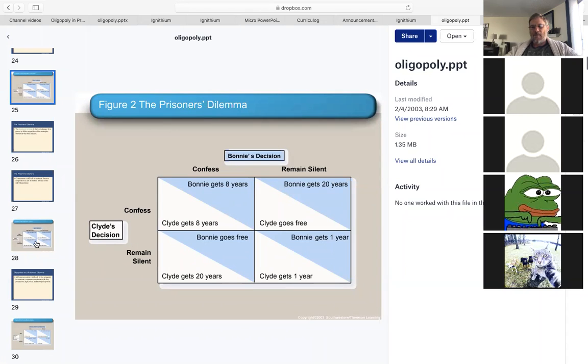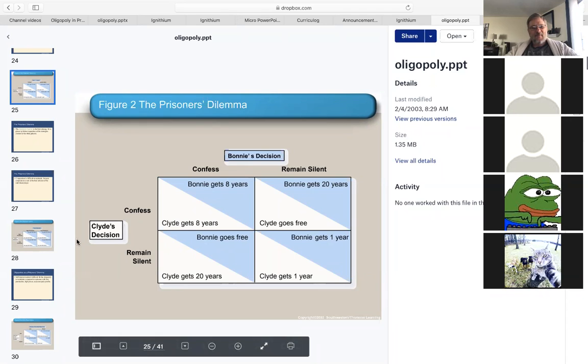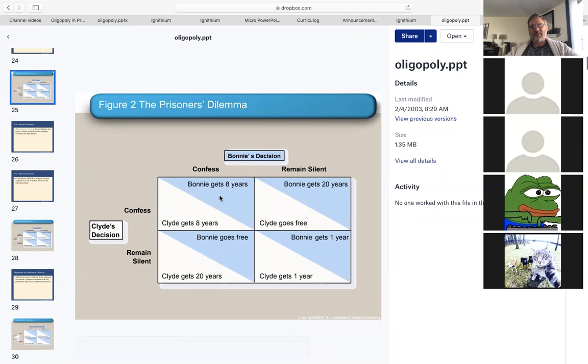They're separated, and if I was Clyde, I would think, oh, Bonnie will probably be the one who confesses, because that is most in her interest. So Clyde will also probably choose the one which is best for him. Yep, so that's what I'm saying. This is the Nash Equilibrium, confess. Yeah, that's right.